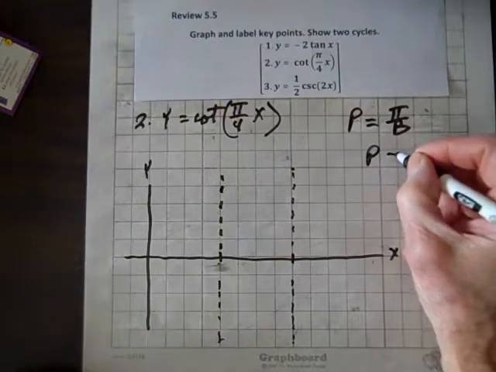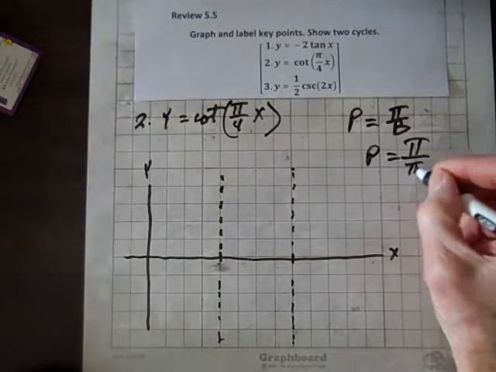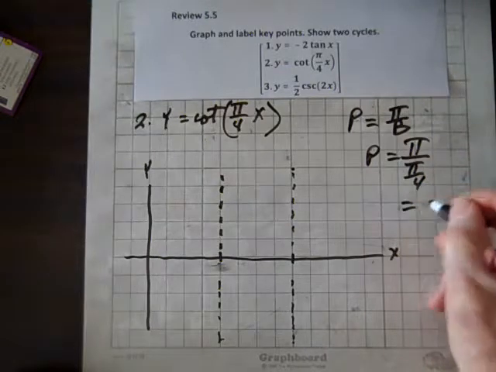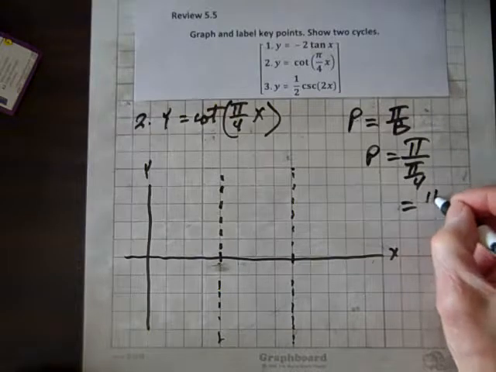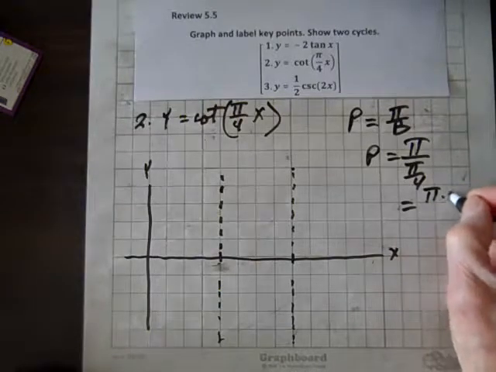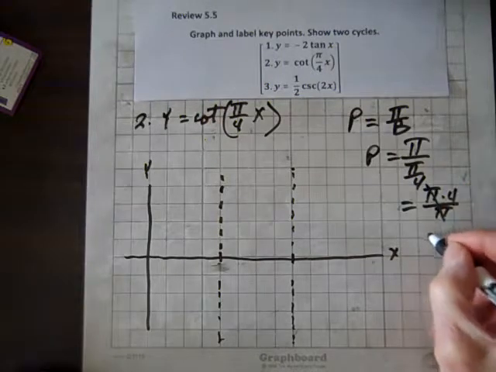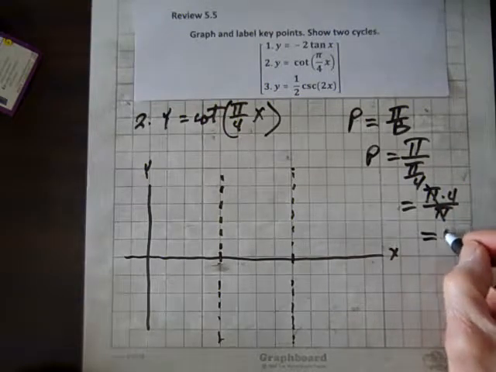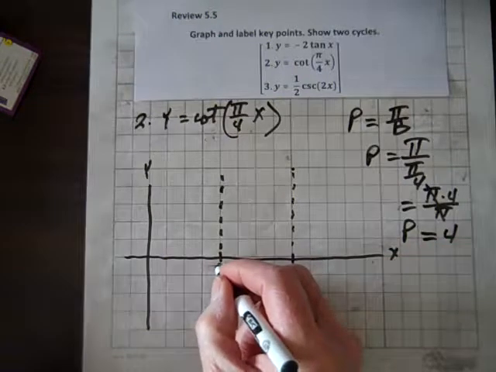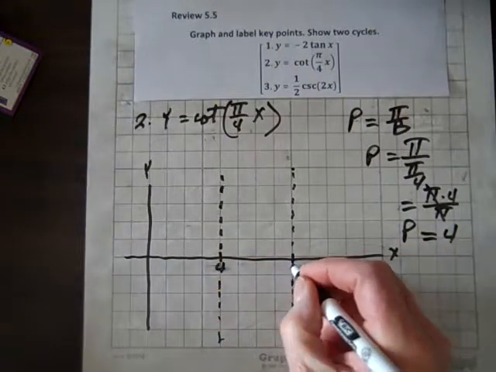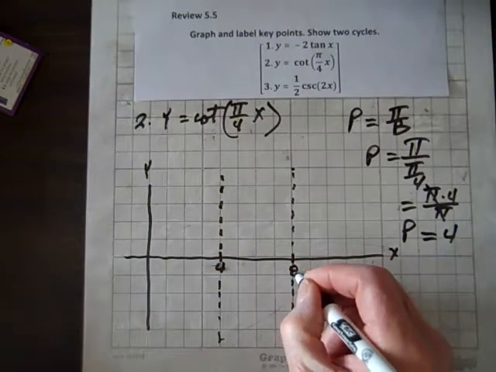So period equals pi divided by pi over 4, which equals, invert and multiply, pi times 4 over pi. The pi's divide out, so we just get 4. So the period is 4. We're going to go through one period at 4, and another one will be through 2 periods by the time we hit 8.